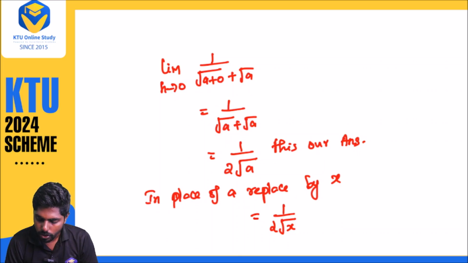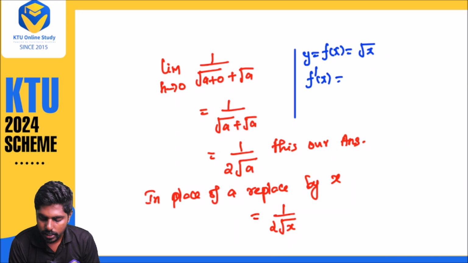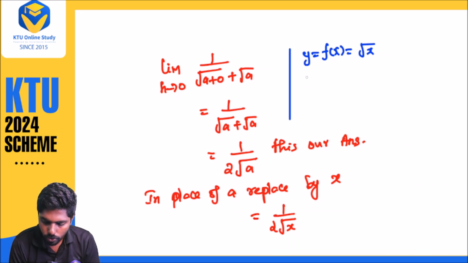When you use the normal derivative method also, you will be getting the same value. That is, y is equal to f of x is equal to root x, which they have given. So what is f dash of x? Here y is equal to x power 1 by 2.